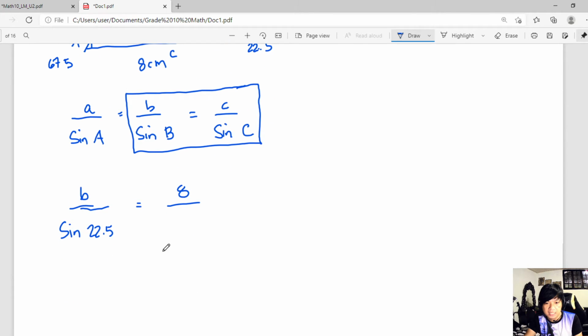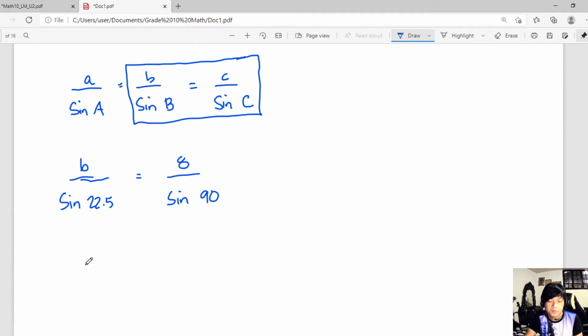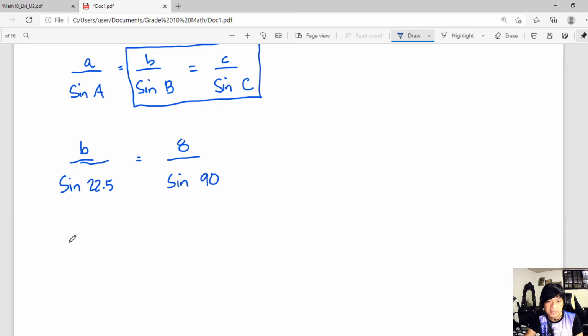Sine 90. So we will cross multiply. B sine 90 degrees equals 8 sine 22.5.